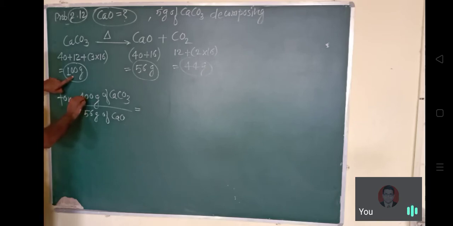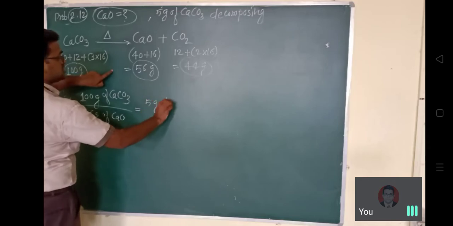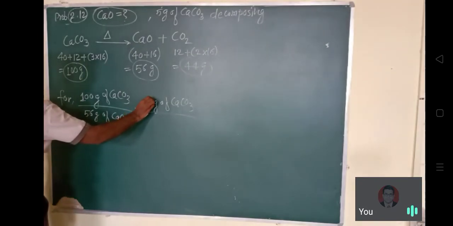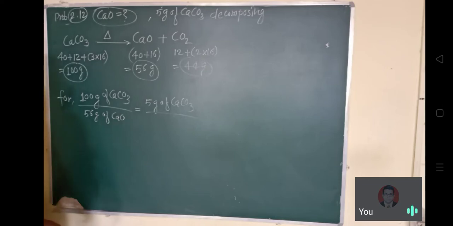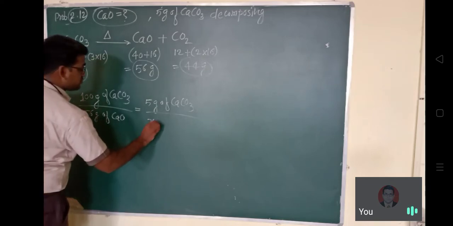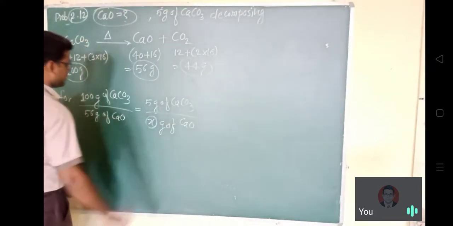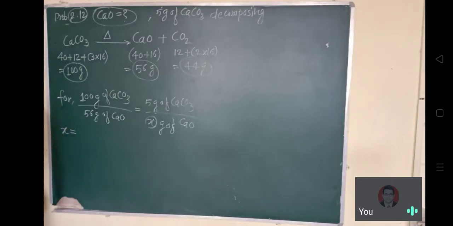By writing the same relation, when 5 grams of CaCO3 gets decomposed, the same quantity should be written in the numerator and the same quantity in the denominator. We will say that X grams of CaO is formed. So we can find the value of X: X equals 56 multiplied by 5 divided by 100.